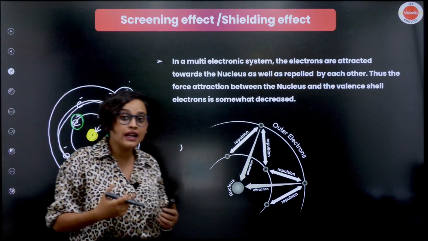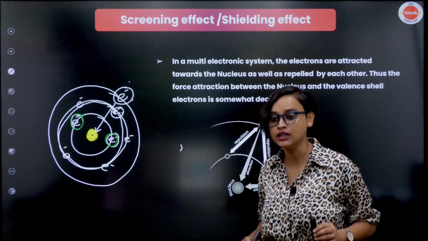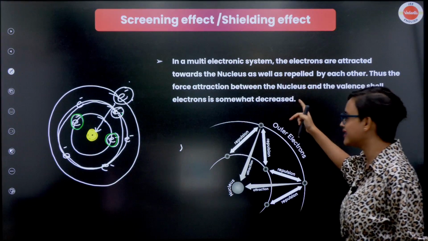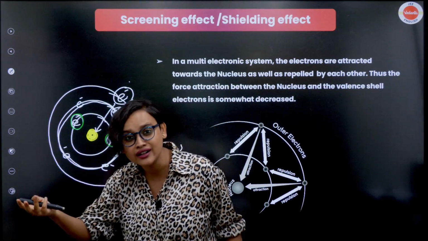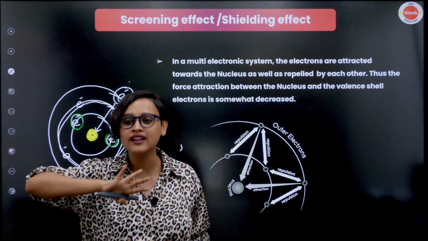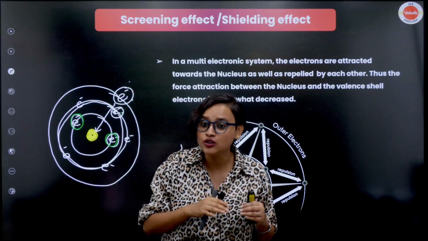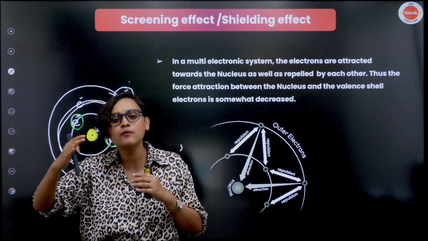So in a multi-electronic system, the electrons are attracted towards the nucleus, but they are also repelled by each other. The other electrons present in the inner orbitals repel them. So the force of attraction between the nucleus and the shell electron is somewhat decreased.